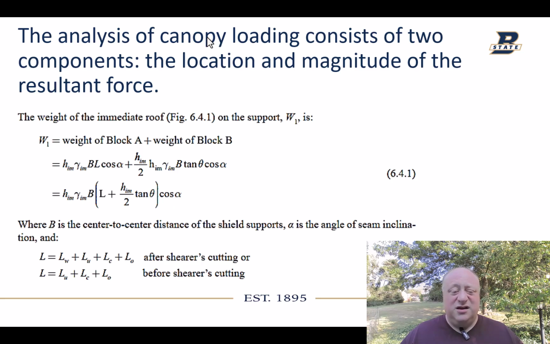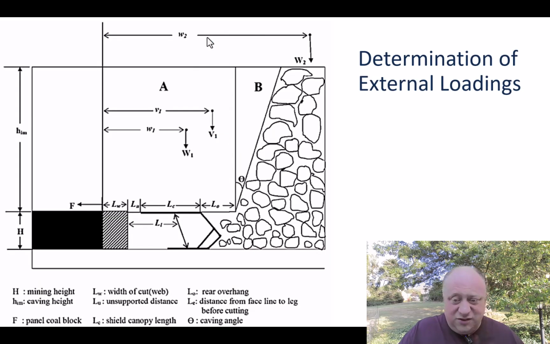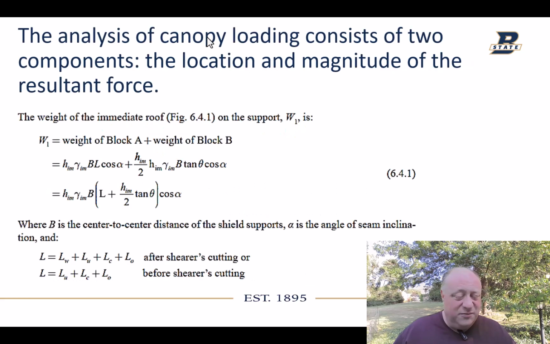Okay, so we need to know the weight of W1, which is the weight of block A and block B together, and we can find that using the caving height multiplied by the density, multiplied by the center to center distance of the shield supports, and then of course we have alpha, the angle of seam inclination, and then a second component which divides that by 2 and multiplies back through to give you the weight of the block.